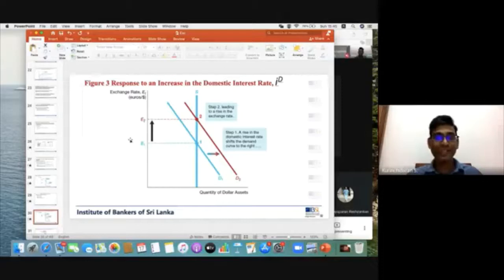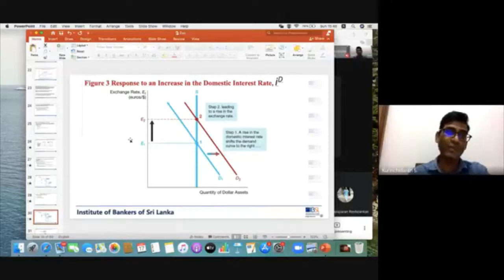That means earlier, maybe $1 was equal to 1.5 euro. Now you have to pay €2 to buy $1 because the value has gone up. So in the short run, when the interest rate changes, it definitely affects the exchange rate.